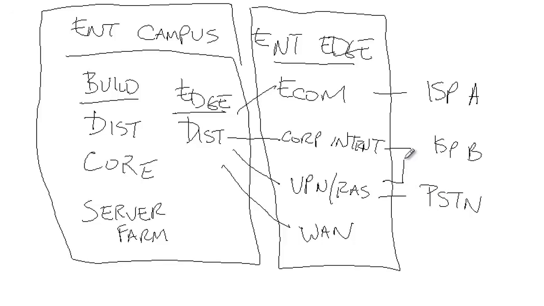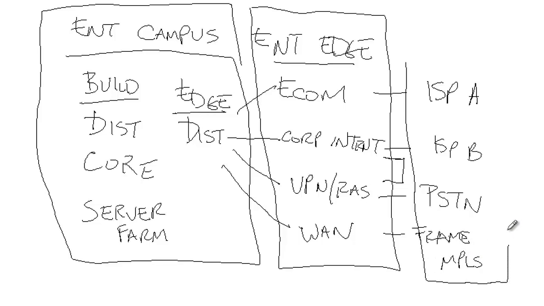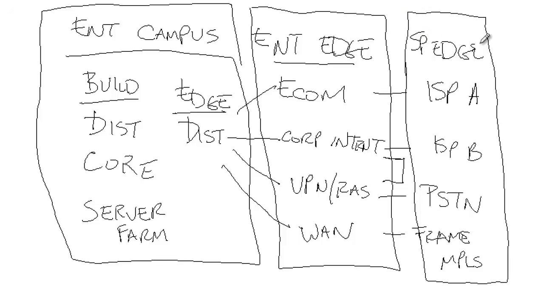And then WAN services, which obviously are often run over private circuits, maybe frame relay, MPLS. It depends on how advanced your network is at this point. That being said, this is a third module you must understand, and this is the service provider edge. This is the service provider edge module. So three separate modules you need to understand for your CCNP switch exam.